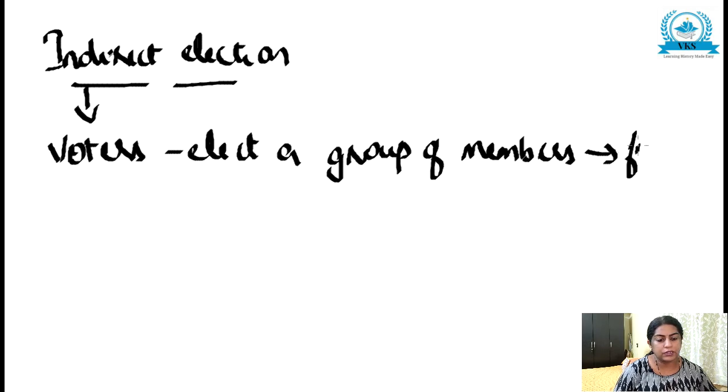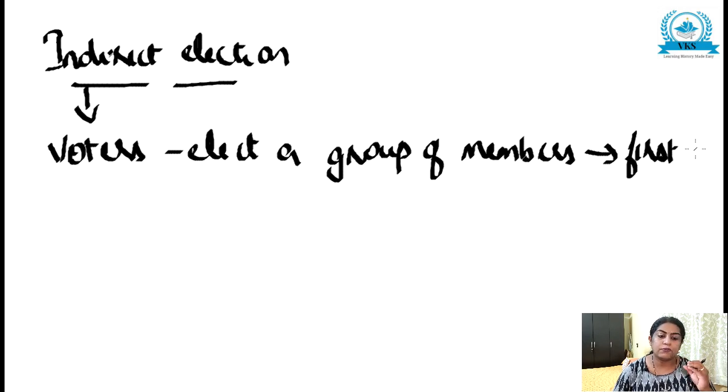In direct election, the voter directly selects their representative. There are no intermediaries. But in indirect election, it happens in two stages.